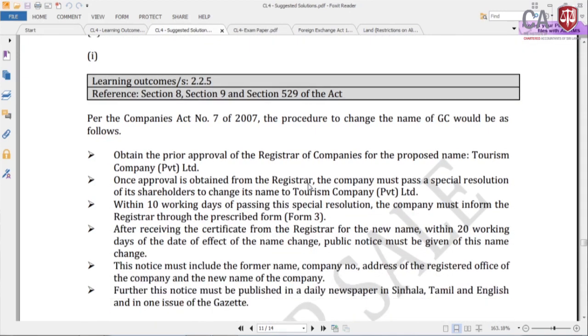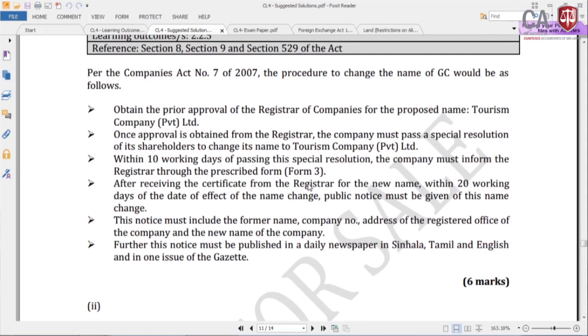Now, per the Companies Act, the procedure to change the name of GC would be as follows. Obtain the prior approval of the Registrar of Companies for the proposed name Tourism Company Private Limited. Once approval is obtained from the registrar, the company must pass a special resolution of its shareholders to change its name to Tourism Company Private Limited.